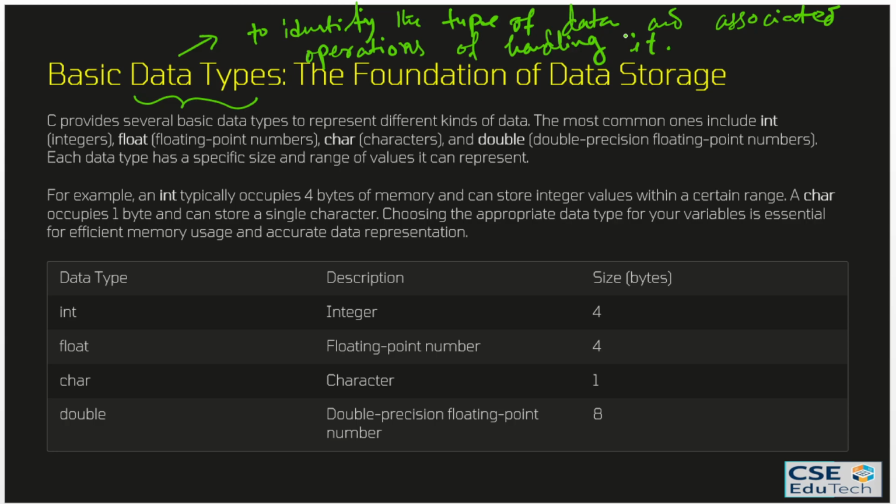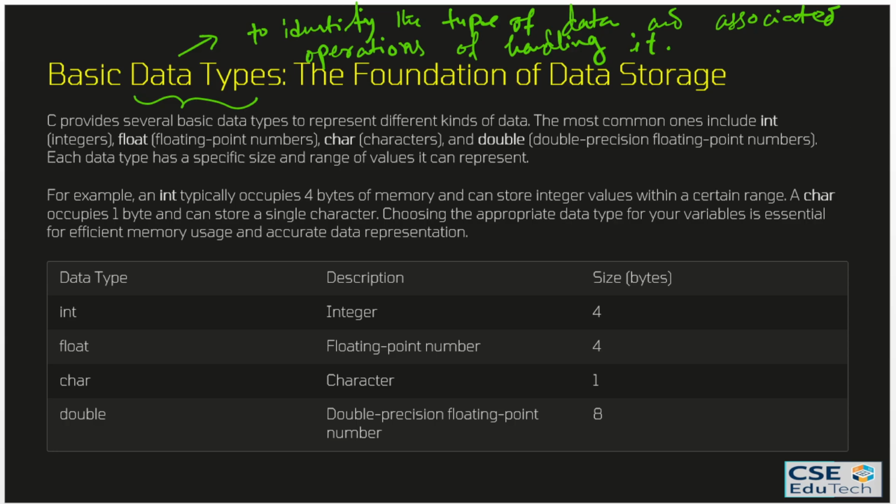But if the data type is a string, we cannot perform multiplication or addition; rather, we can perform concatenation, substitution, etc. So data type means the type of data, which may be integer, float, character, or double, and the associated operations of handling this data type.